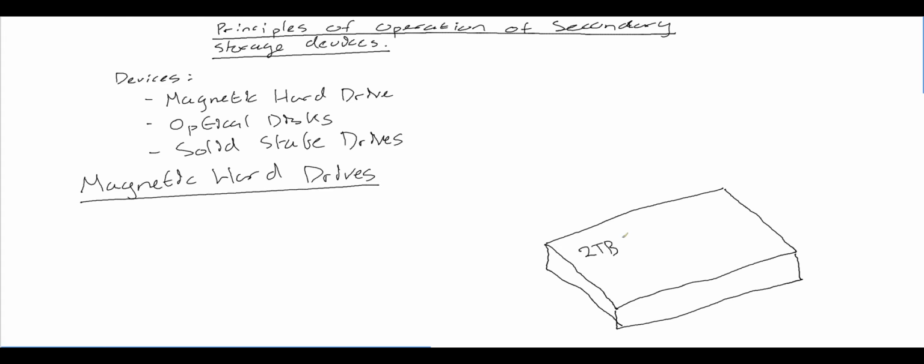So if you go to a shop and you buy a magnetic hard drive, you will get a box that looks probably not at all like this because my drawing's terrible. And inside it will be a large circular plate called a platter. So probably not at all like that because it will be actually a circle, but you get the idea. And that platter is divided into thousands or even millions of tiny areas.